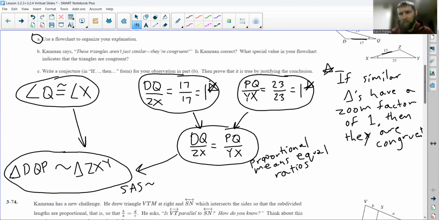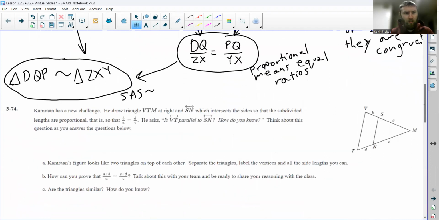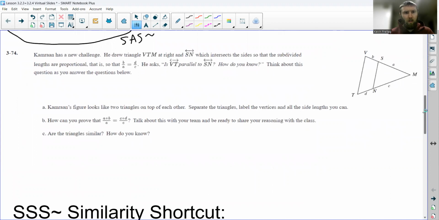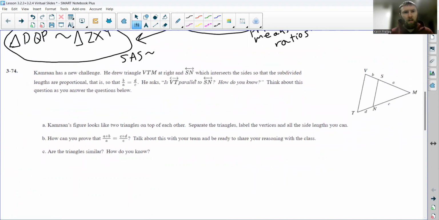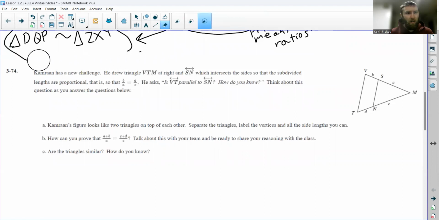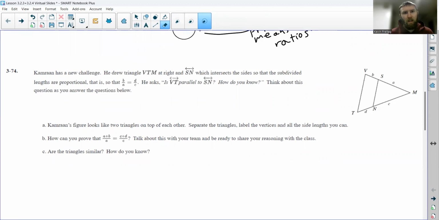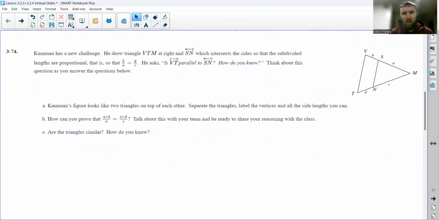So if we look at the next problem in our book, which is number 74, it's the same classmate offering us a new challenge, and he wants us to look at the diagram he has here and see if we can prove some triangles are similar.